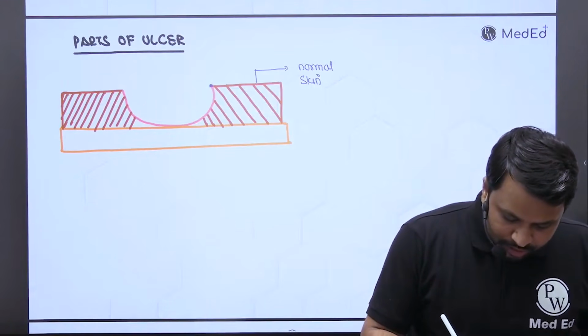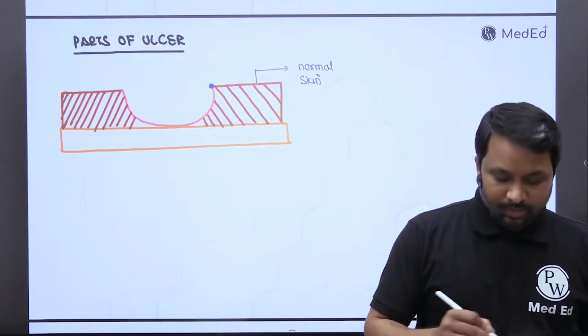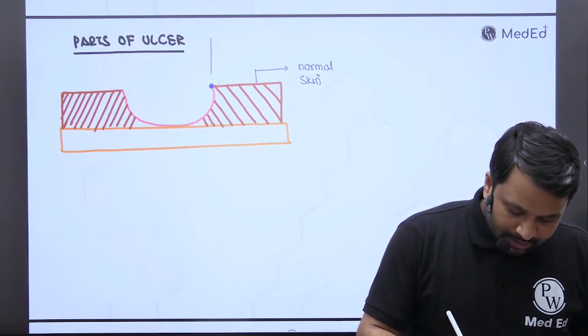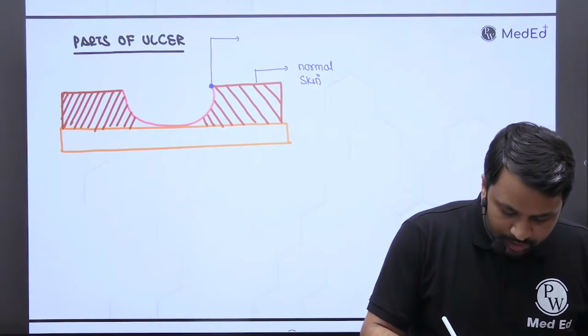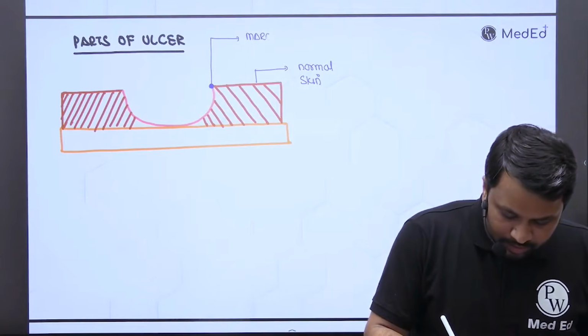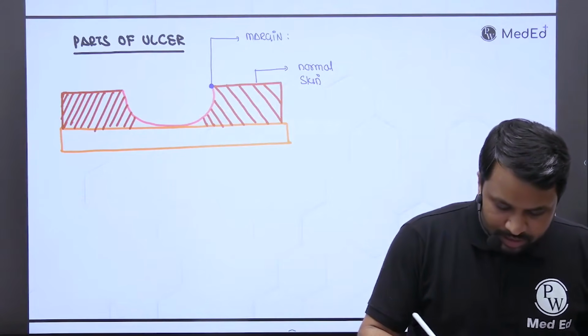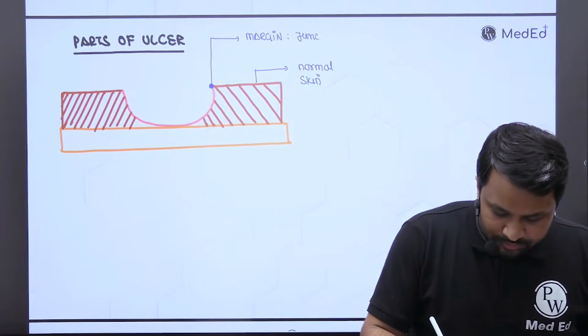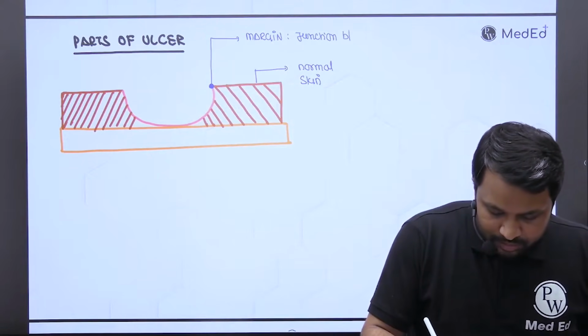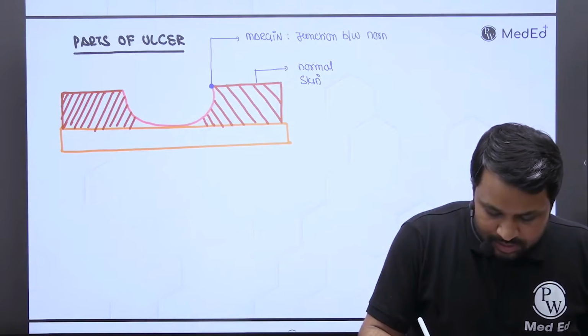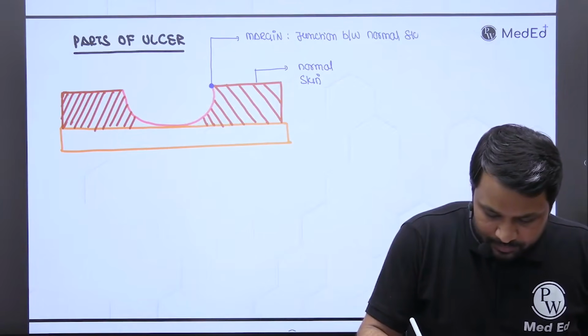Now the junction between the normal skin and the ulcer is what we call the margin. So when you write like this, always mention margin is the junction between the normal skin and ulcer.